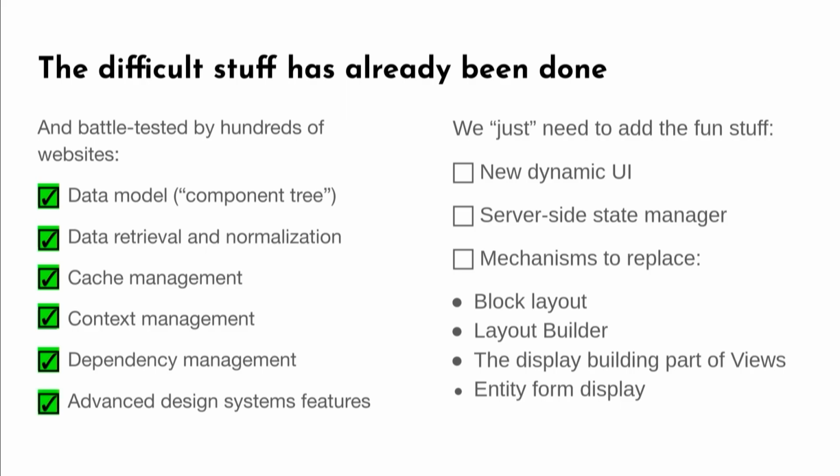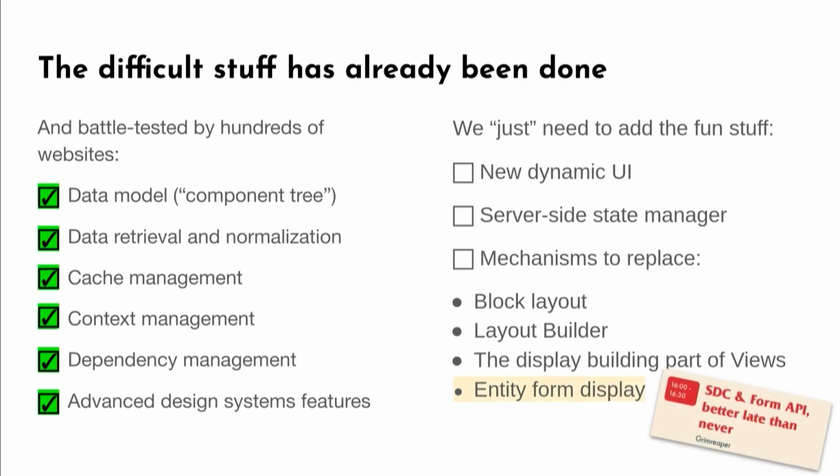So we are in a situation where this crazy stuff, those lower level pieces, are done, and they are done the right way, and they work, and they are used by thousands of websites. So what we need to do is the fun stuff: new dynamic UI, a server-side state manager to plug the UI, and replacement.